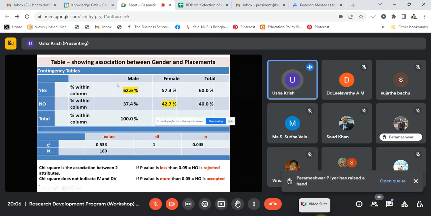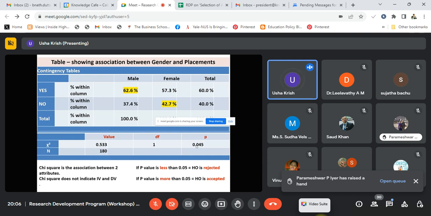So, what you should observe is the highest percentage which is given in the table. In case of male, it is 62. In case of female, it is 42. Underline that. After that, observe the p value. Then it becomes easy for us to write the interpretation.